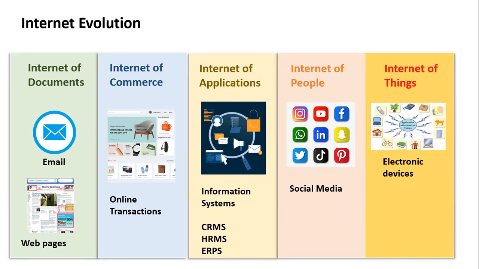Like that, different applications were developed on top of the internet. So email is there, web applications are there. Now the next development is electronic transactions, and after that the third development is information systems, in the era of the internet of applications.